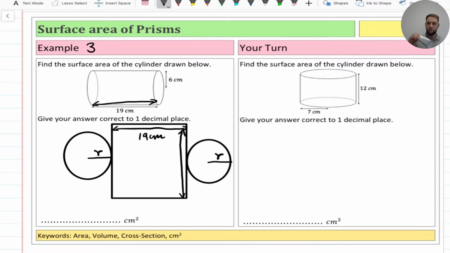If I've got a cylinder which looks like this, and I open it out, this is the rectangle that's on the page there.